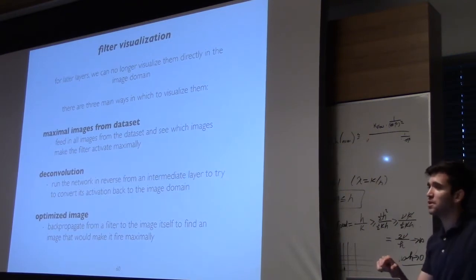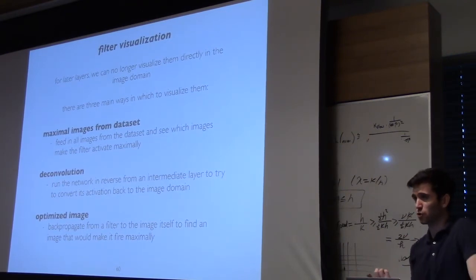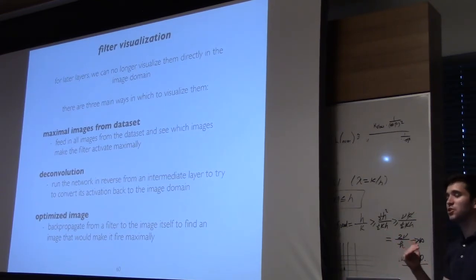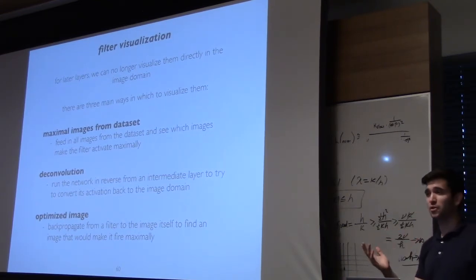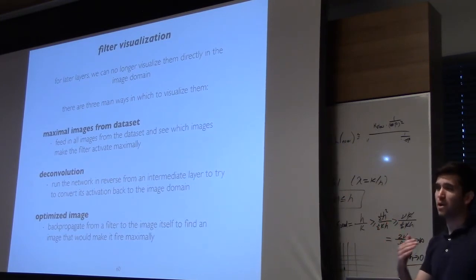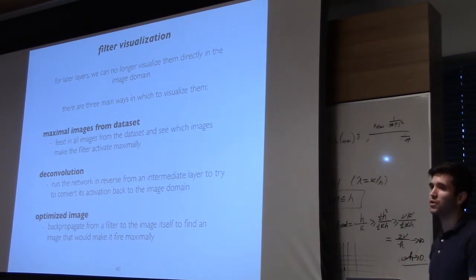Another approach would be to actually reverse the convolutional operation and do what's called a deconvolution. Now, these convolutional neural networks are not invertible. So you can't directly invert the transformation that's being done, but if you take the representation of an image at a particular layer and use a deconvolution operation to pass it back through the network, then you can get somewhat of an idea of what that filter is actually selecting for.